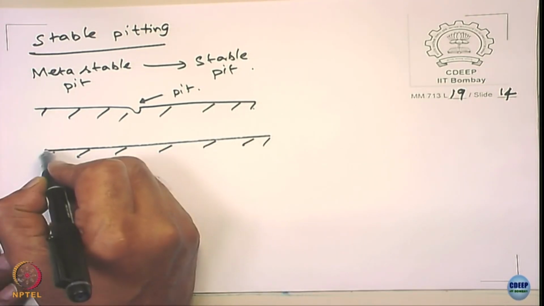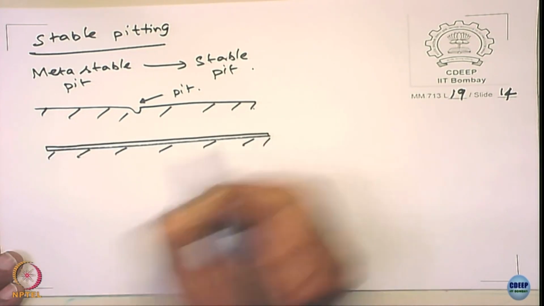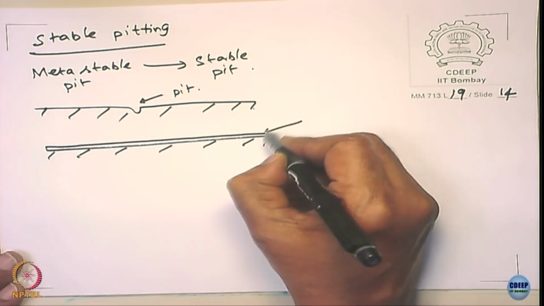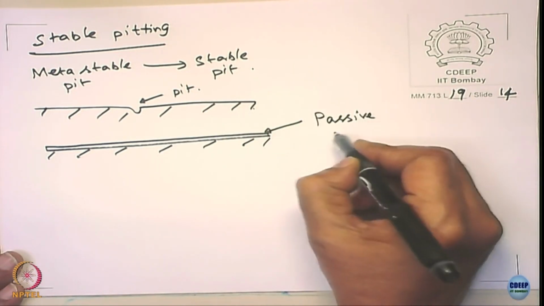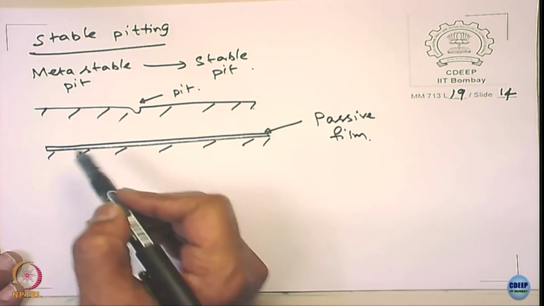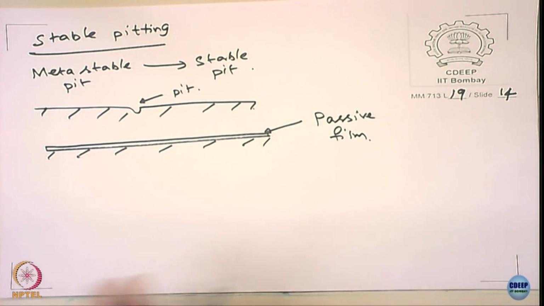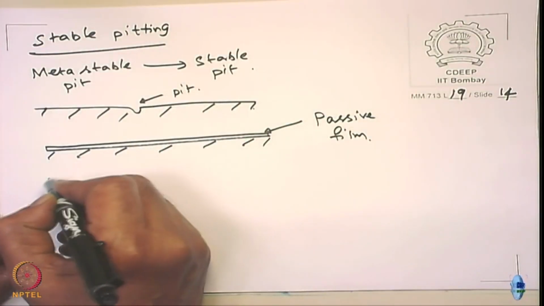This is the passive film. The cathodic reaction and the anodic reactions occur all through. The cathodic reaction may be considered as here you can have a cathodic reaction.